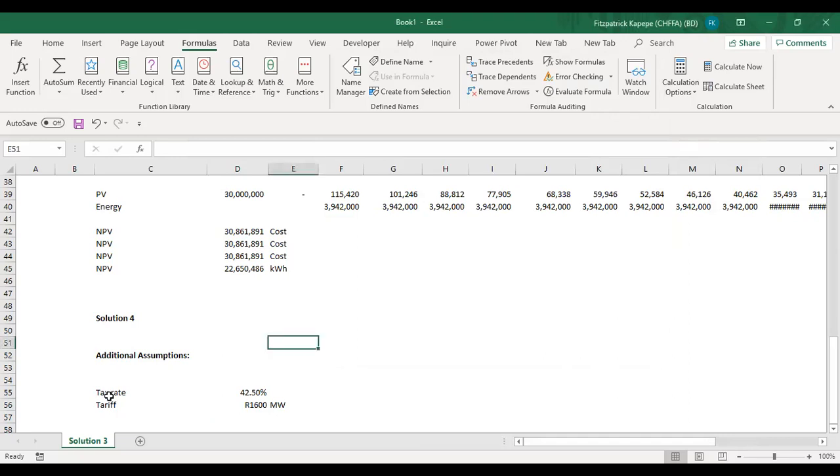Okay, so we have the tax rate of 42.5%. Then the tariff of 1,600 per megawatt.